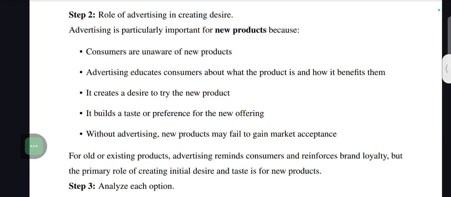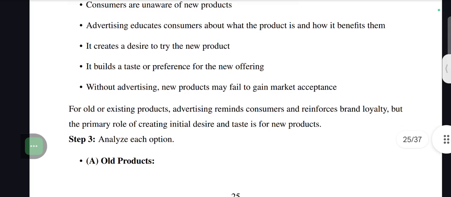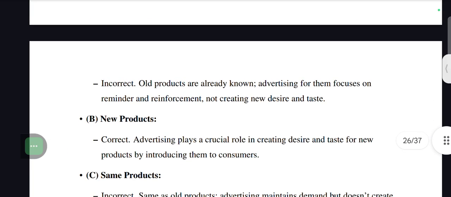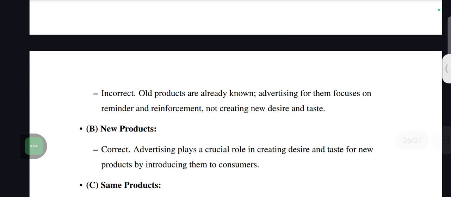Consumers are unaware of new products, so advertising makes them knowledgeable about the new product. Old products are already known, so advertising will not help much for them. New product is the correct option, because advertising plays a crucial role so that customers know about the new product that has been introduced. So the correct answer is option B, new product.